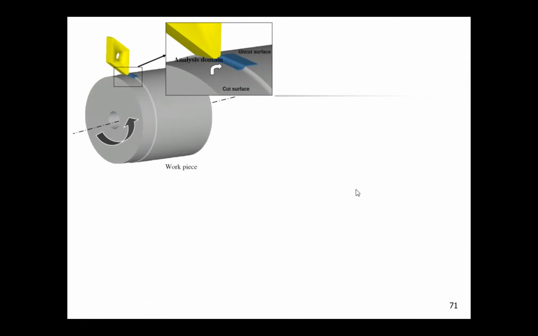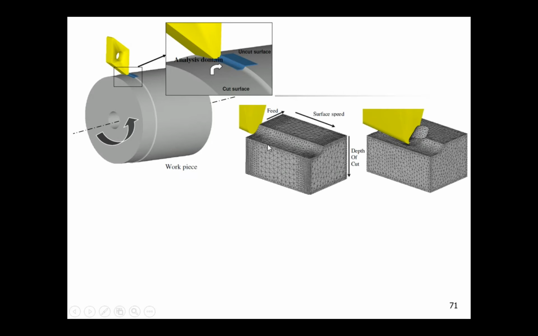So this is what you are going to study in these DEFORM 3D or 2D packages. Here this is my workpiece which is going to rotate, and this is the throwaway insert called the cutting insert. We are interested only in this part. This blue color is my workpiece and this yellow is my cutting tool. This is just a model of that.